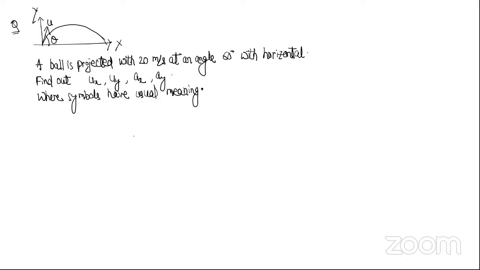Then after finding this much, the question is: first, find the position of the particle at time t. Position of the particle basically means find the x coordinate and y coordinate of the particle at time t.